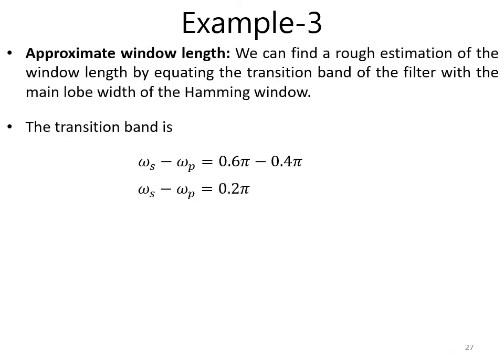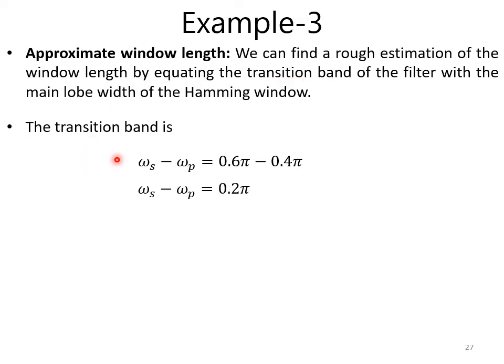The second thing we need to do is to choose the length of the window. Now the window length can be determined by comparing the transition band with the width of the main lobe. In this case it is the Hamming window, so the width of the main lobe is equal to 8 pi upon M, and we compare it with the transition band.